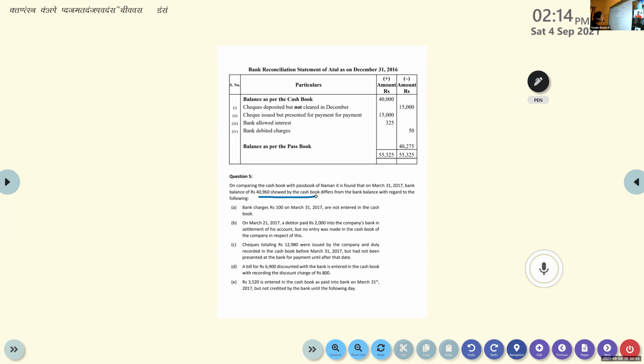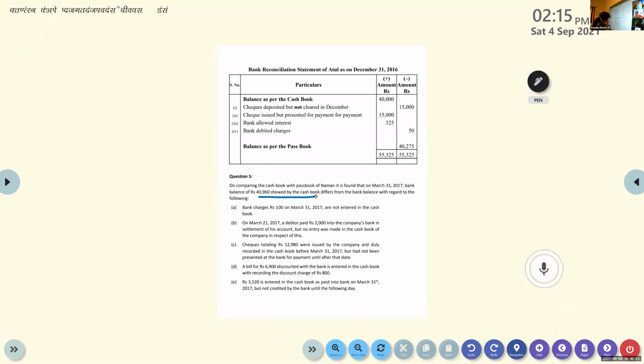Bank charges of rupees 100 on March 31 are not entered in the cash book. What are bank charges? It is some deduction from your bank account in the bank.